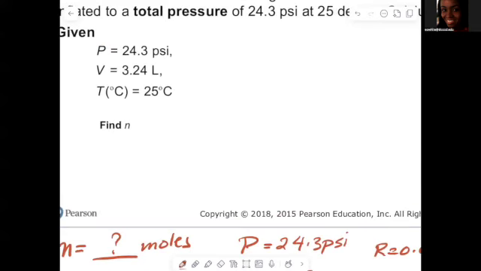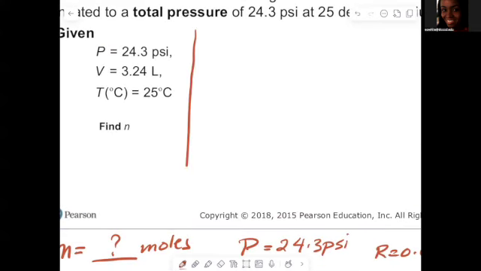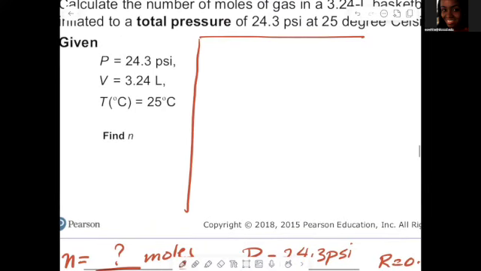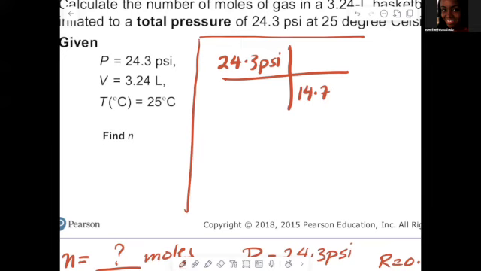Okay, so what I'm going to do here is convert this. Let me use this area up here for conversion, and I'm going to replace all these with the numbers I want. A pressure of 24.3 psi can be converted to atmospheres, which is what I want. 14.7 psi is 1 atmosphere. So when we divide this, what do we get?